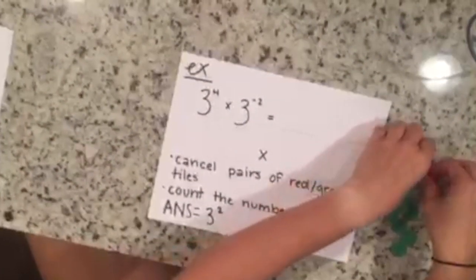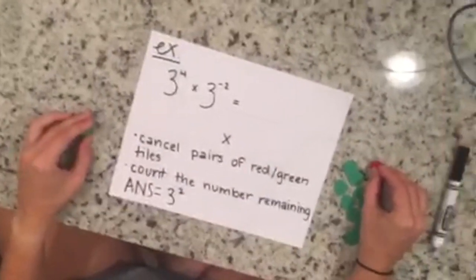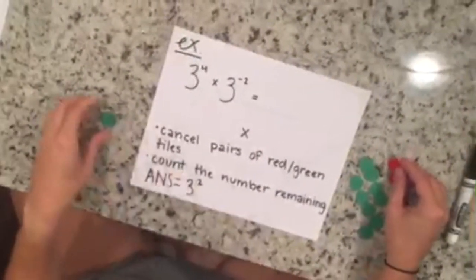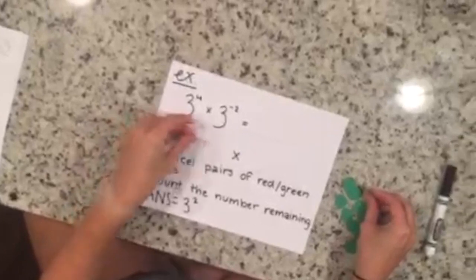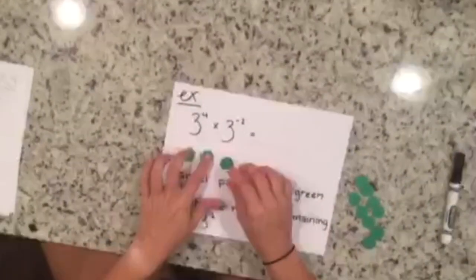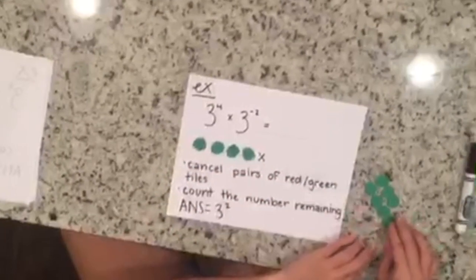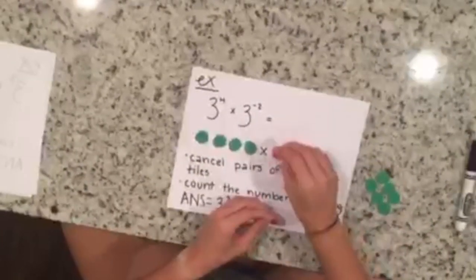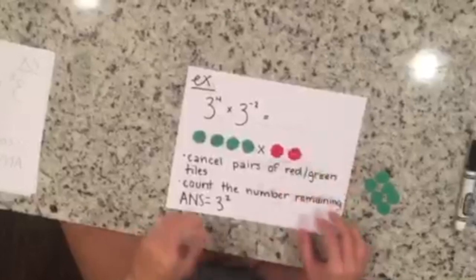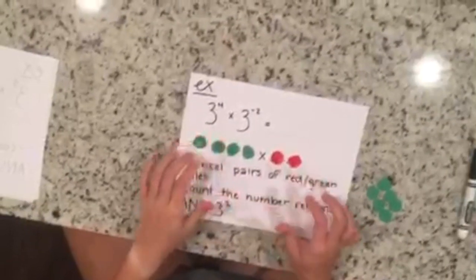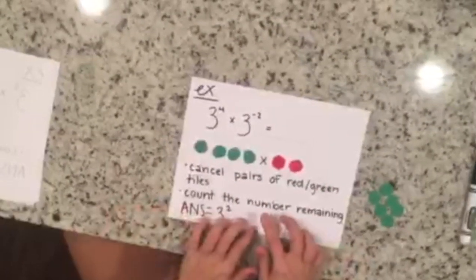Alright, so here we have 3 to the 4th power times 3 to the negative 2 power. So we can write 3 to the 4th power using 4 of our green tiles, and then we can write 3 to the negative 2 power using 2 of our red tiles. So when we have 2 different colors, you're going to want to cancel the pairs of the red and green tiles.